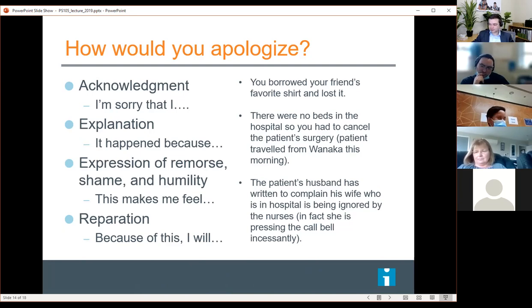I just wonder in this sort of circumstance whether you can use the patient's husband or enlist their help and say, well, can you help us? Is there something that we should be doing, or is there something you can tell us about the way she behaves, or can you give us any ideas of things that we could do to help with that sort of incessant bell pressing?